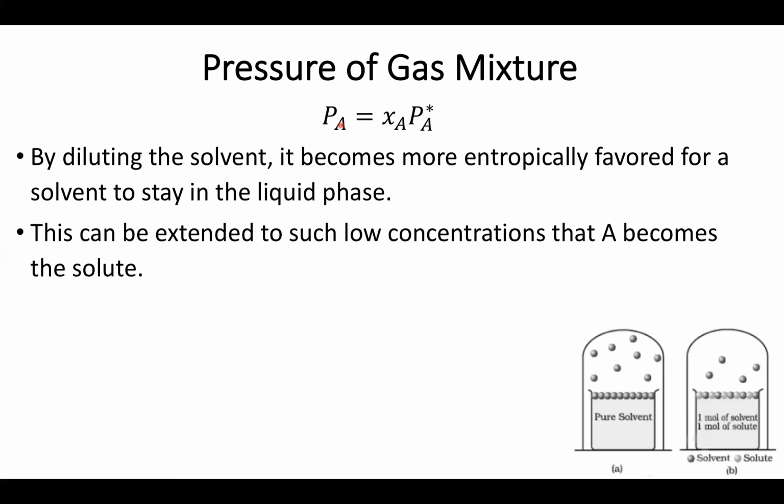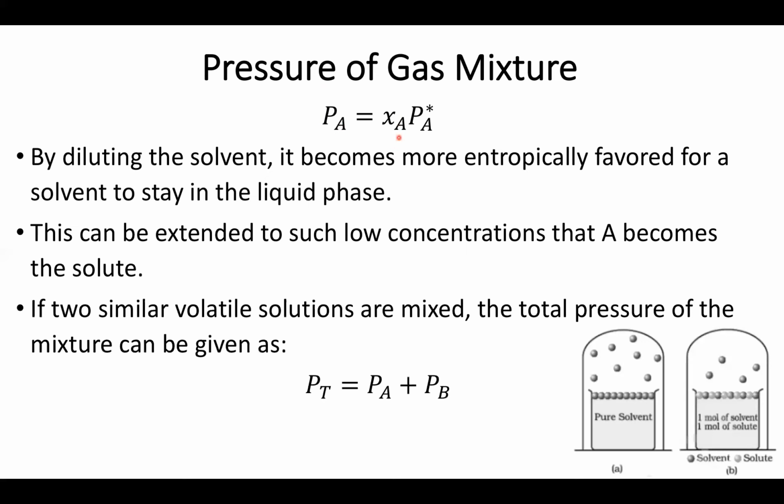Now, it turns out you can extend this idea as the concentration decreases to such an extent that A is no longer going to be my solvent. It starts to become my solute, at which point I may have a mixture of two volatile species. So think about mixing, say, water and ethanol.